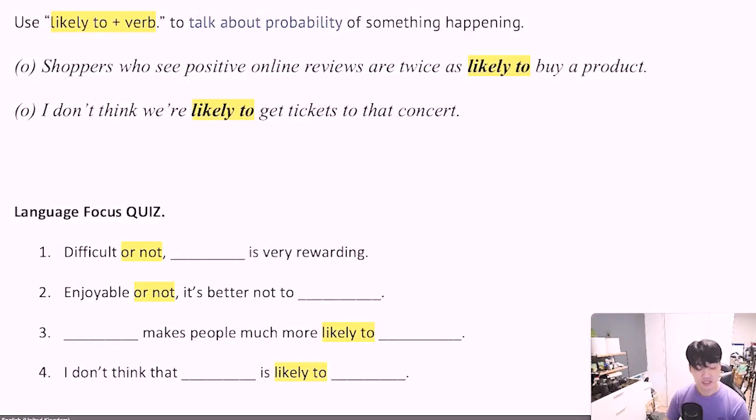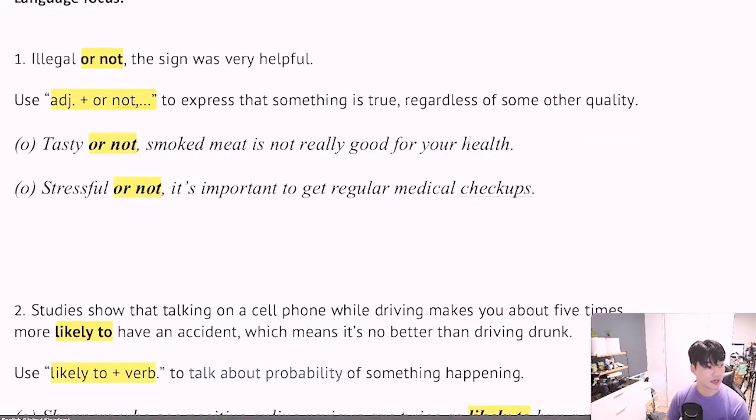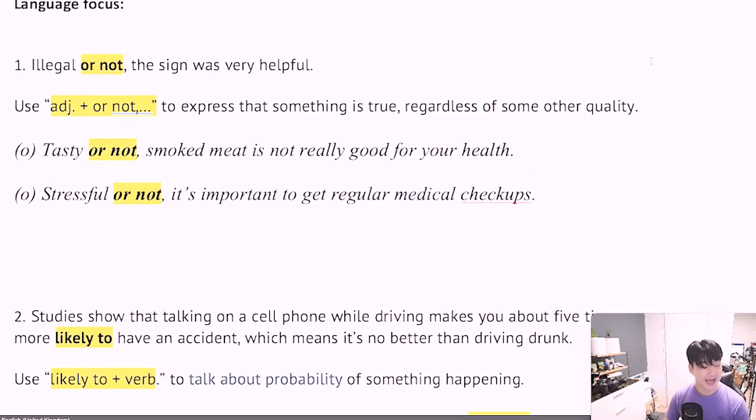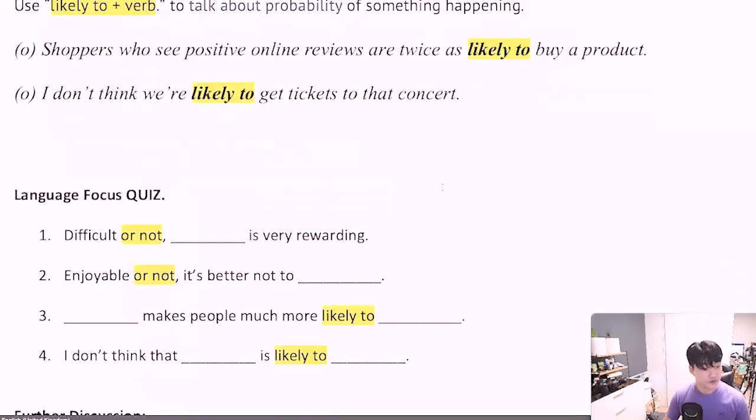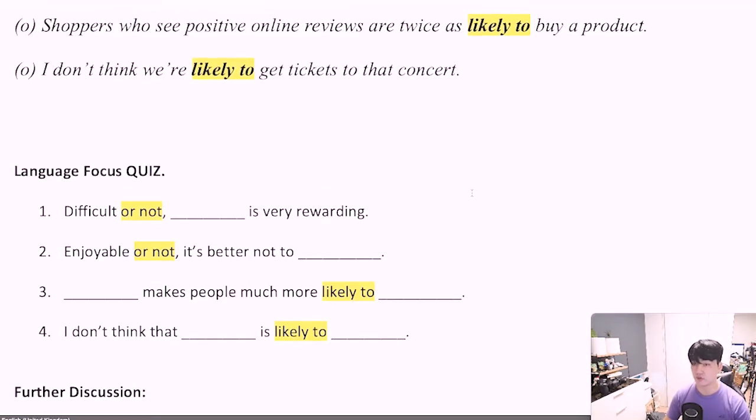Number 1. Difficult or not, is very rewarding. Okay, so if we roll back up here, use "adjective or not" to express that something is true regardless of some other quality. So, difficult or not is very rewarding.